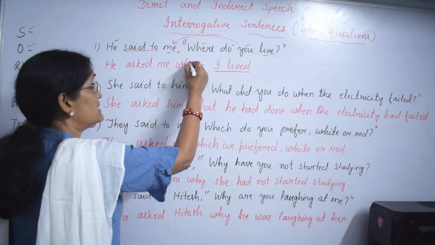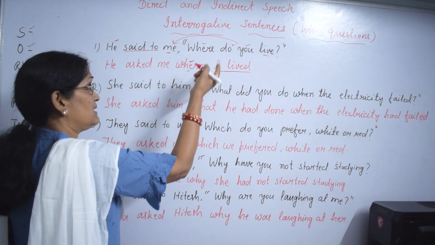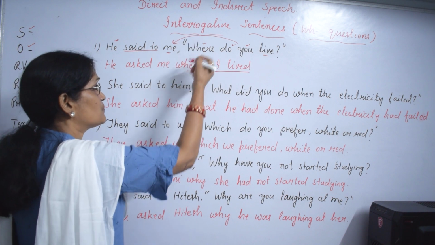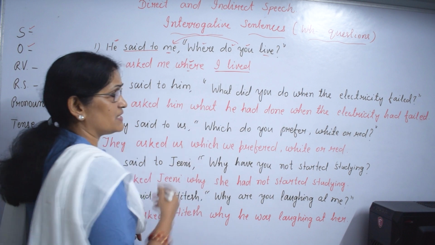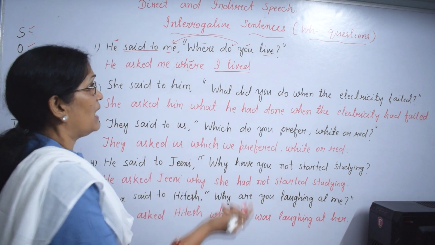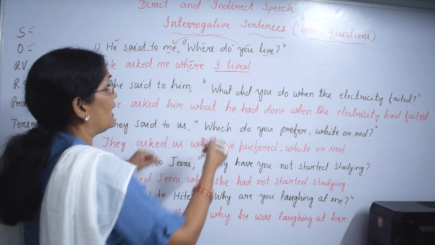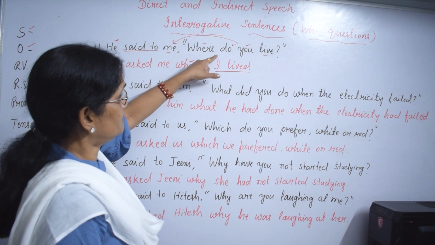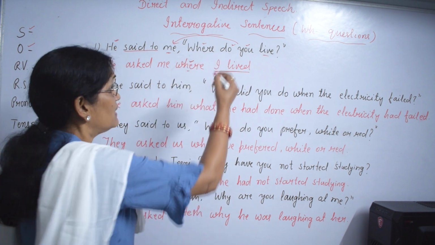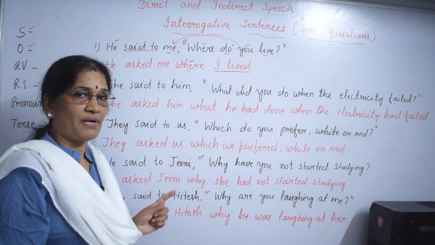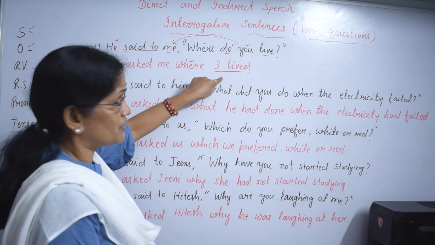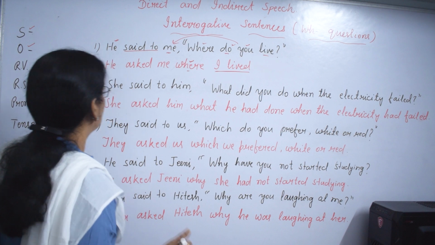In indirect speech, the WH word will be the conjunction. Then you change the sentence into declarative, and the tense will be changed according to the corresponding past. Simple present will be changed into simple past.